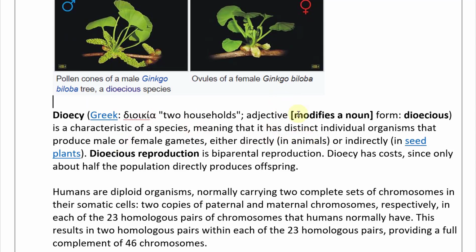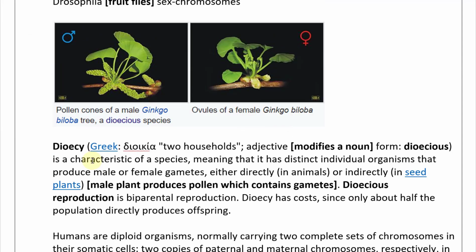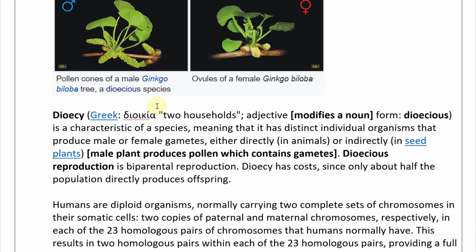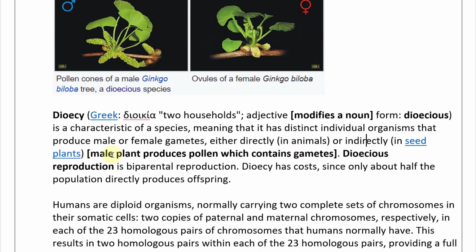I believe that for plants, indirect means the male produces pollen, which contains the gametes inside.